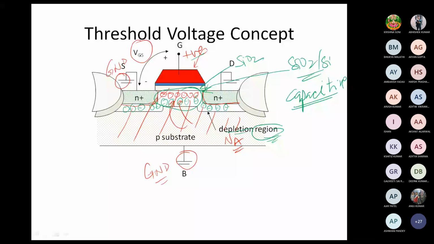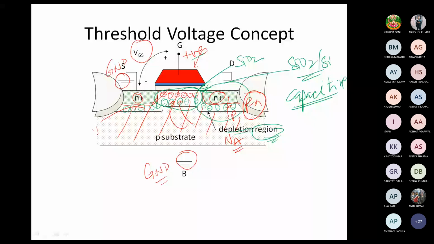In these regions, the depletion comes because of the formation of a PN junction. On one side one can see the P type substrate, and on the other side it is the N plus drain or N plus source region. So we have a formation of a PN junction here.